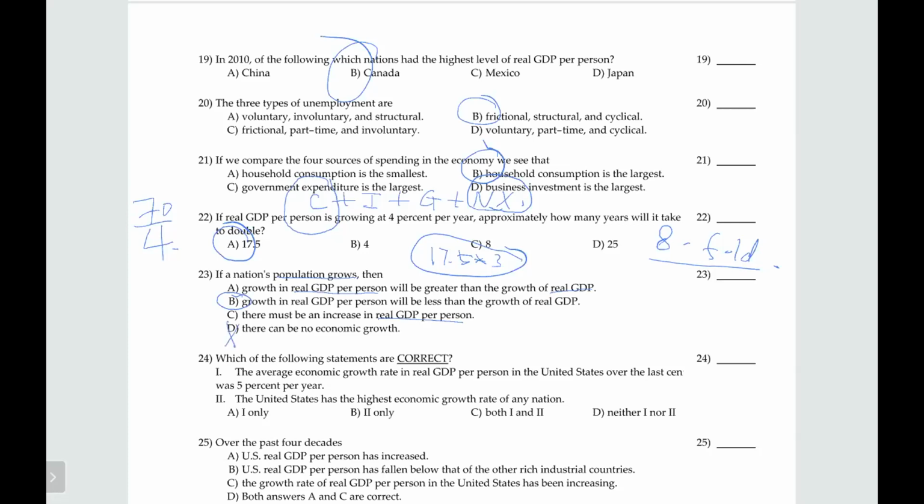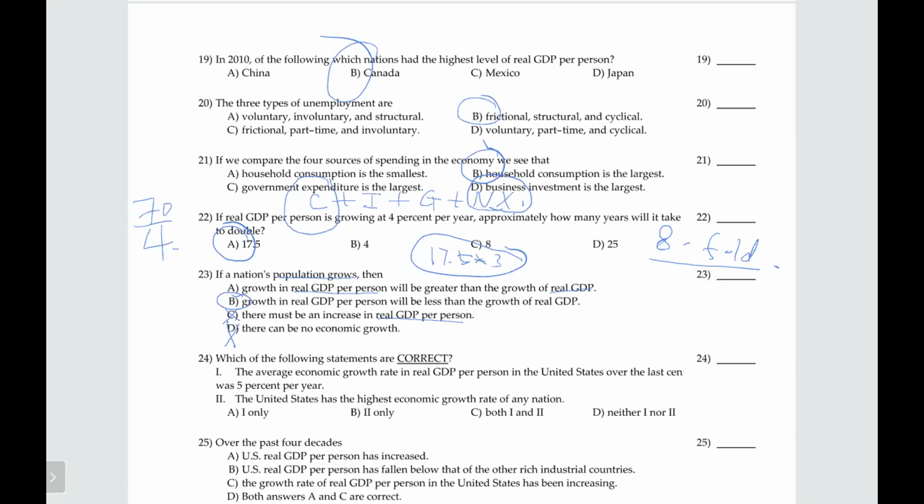As long as population growth is slower than real GDP growth, you're going to have growth in real GDP per person. And nevertheless, the growth of real GDP most of the time is independent of population growth. Okay. So 23, the answer is B.